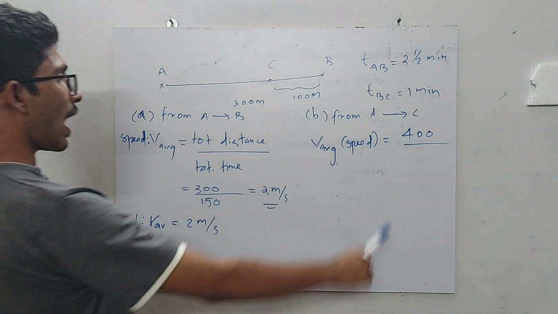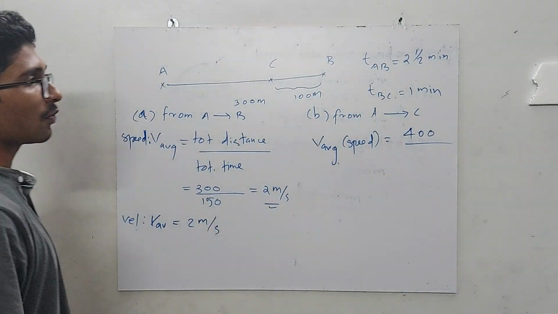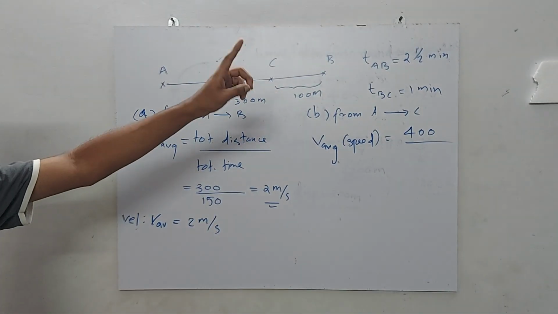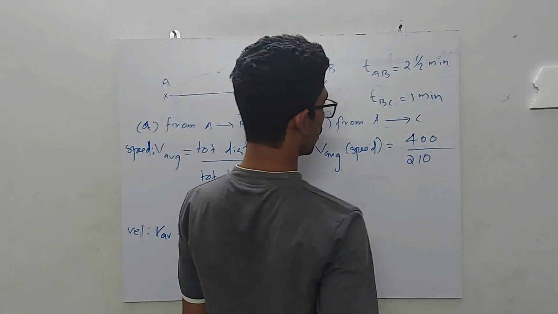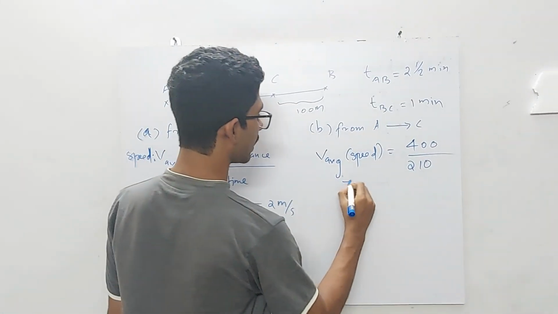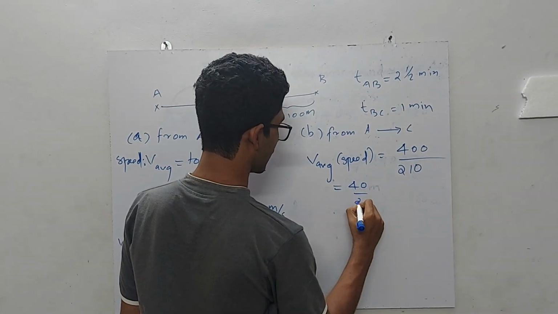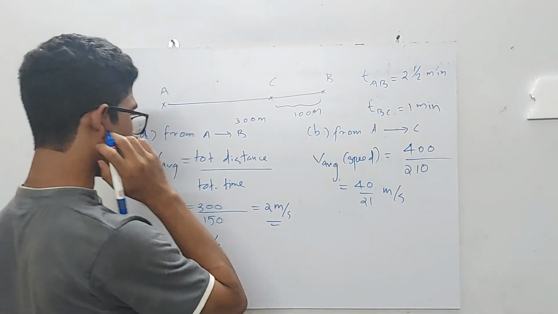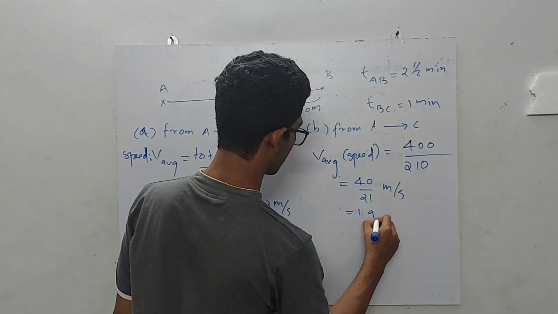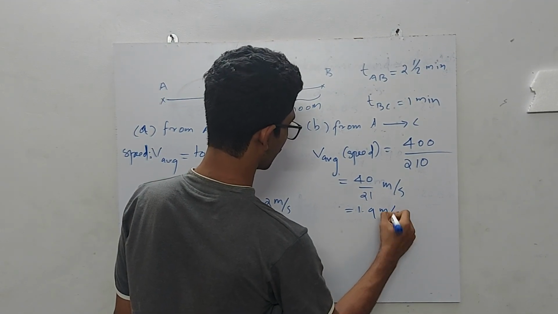Total time taken is 2.5 plus 1 minute, so that's 3.5 minutes, that is 150 seconds plus 60 seconds, in total 210 seconds. If you simplify, you will get 40 by 21 meters per second, so around 1.9 meters per second.